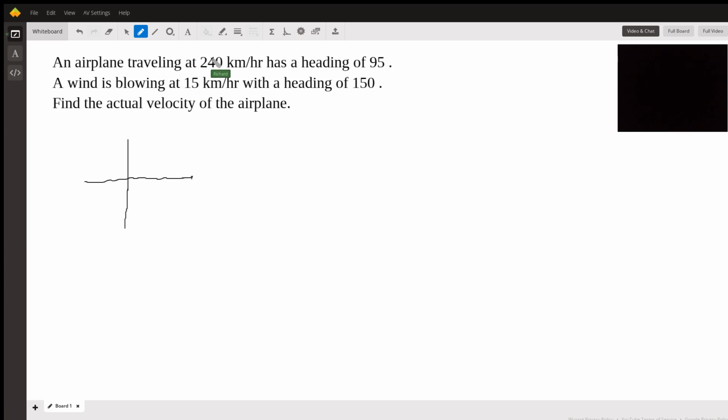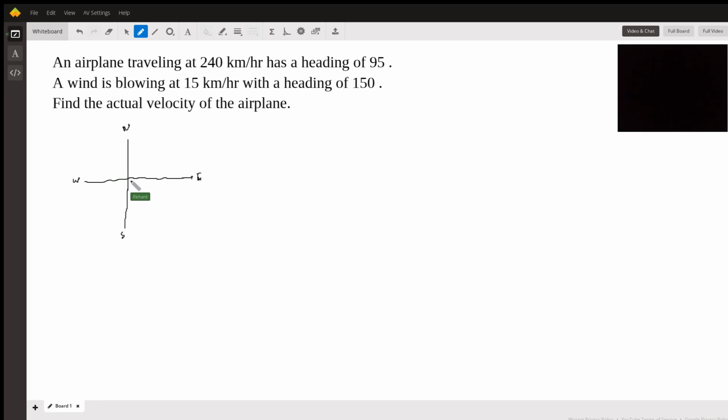So what we're going to do is first look at the vector for the airplane, which has a heading of 95 degrees. The way to do a heading is you look due north. Here's north, south, east, west, of course. And you look due north, and then you just rotate 95 degrees.